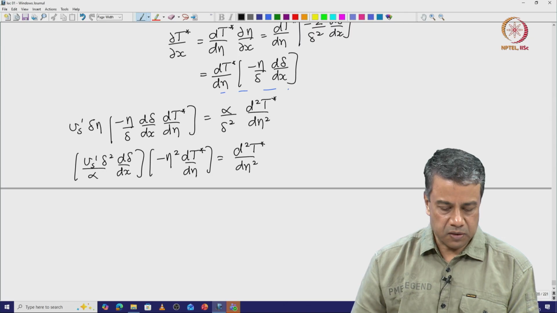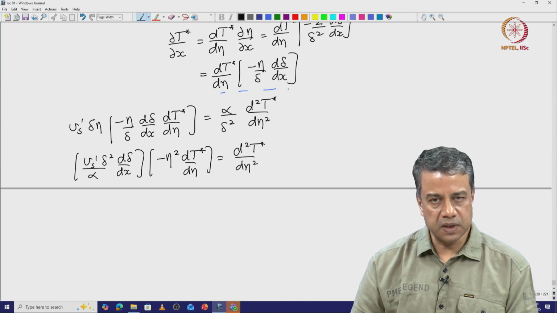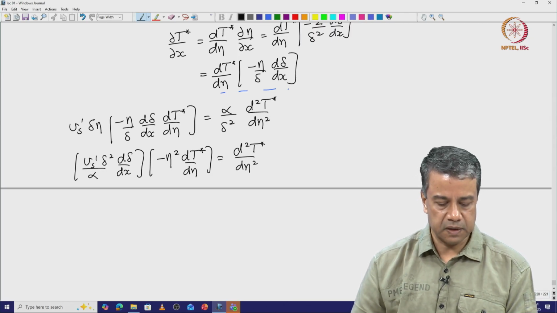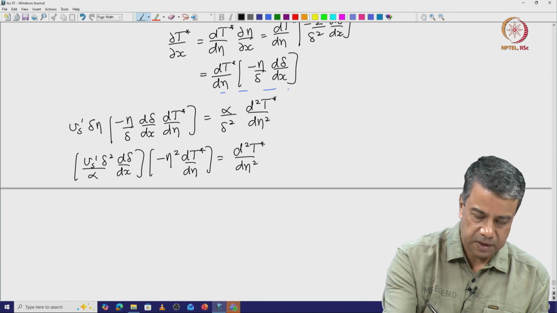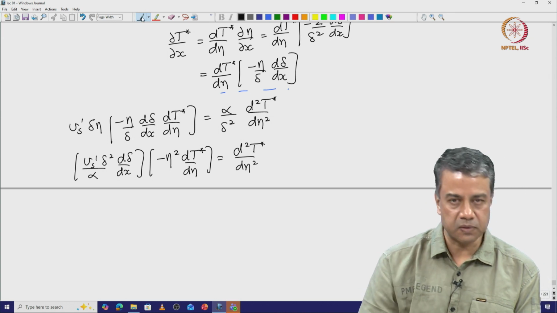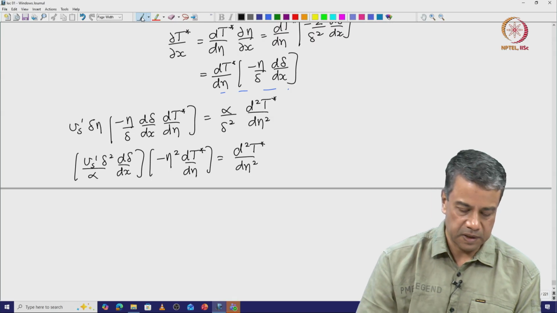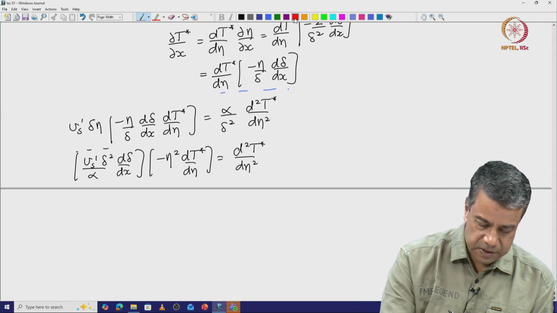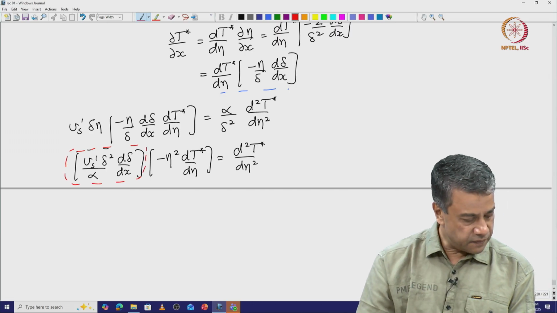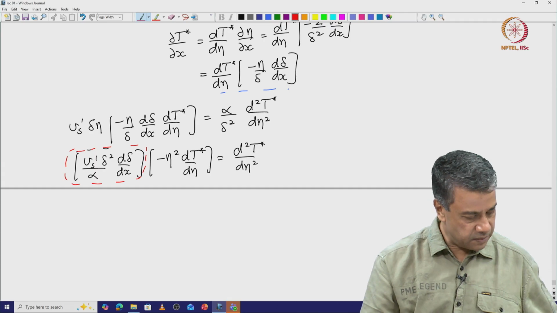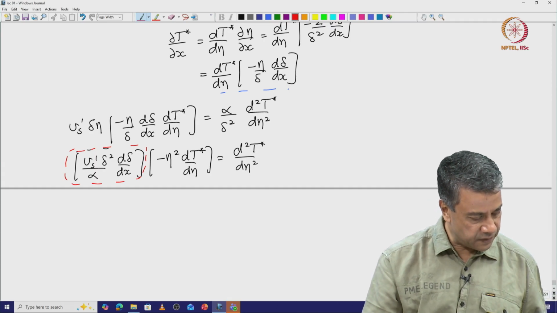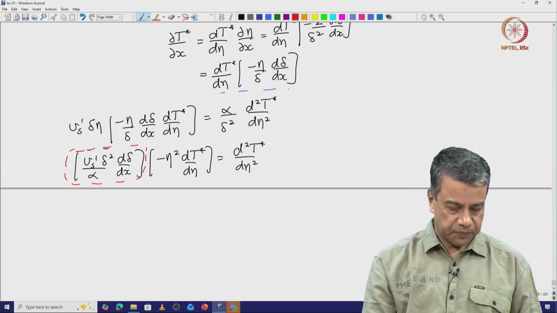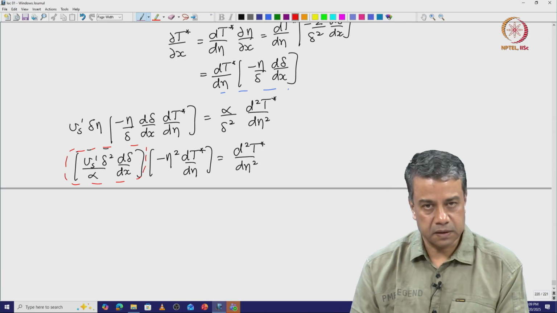Now, we can get a solution of this which depends only upon eta for the temperature field if this term in the brackets is a constant.